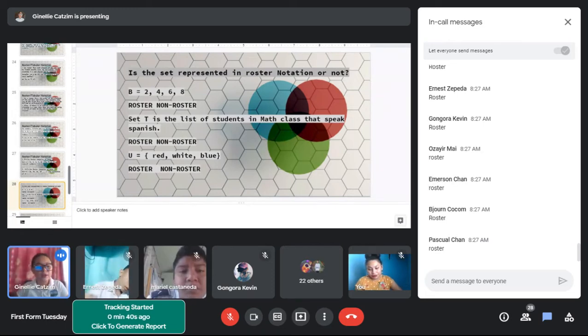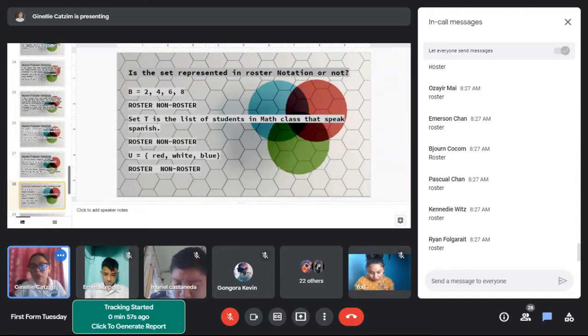That is correct. Why? Because it has a name, it has the curly brackets, it is separated by commas. So that is how a set should look in raster notation. That is exactly how it should look.